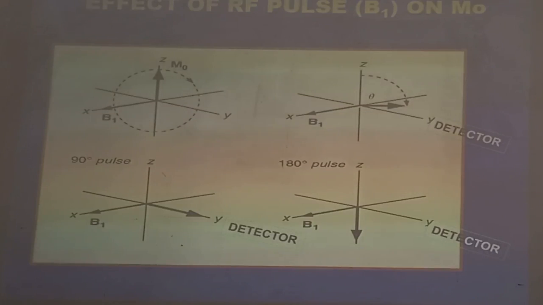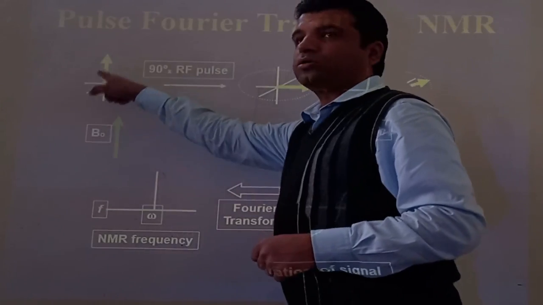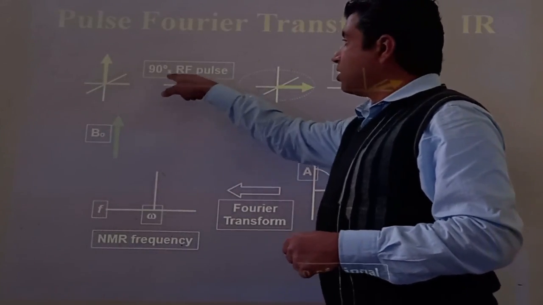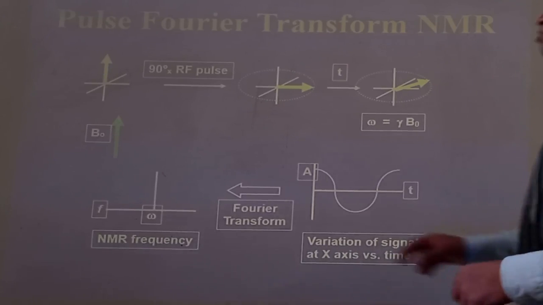Right? So now we have come to a point where we can have the NMR signal, and you will see this in this slide. We have this M0 on the z-axis. So you give a pulse that is the 90x pulse. What does this mean? A 90-degree x pulse.